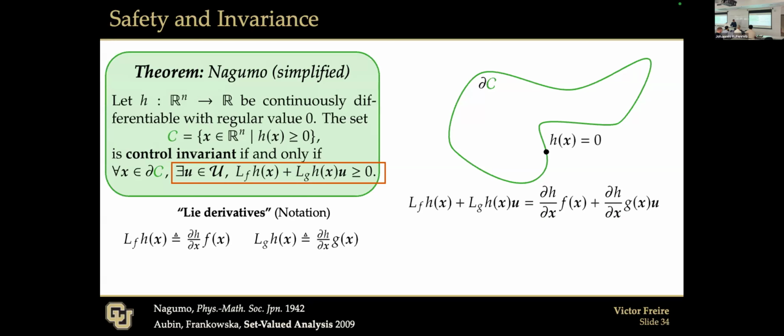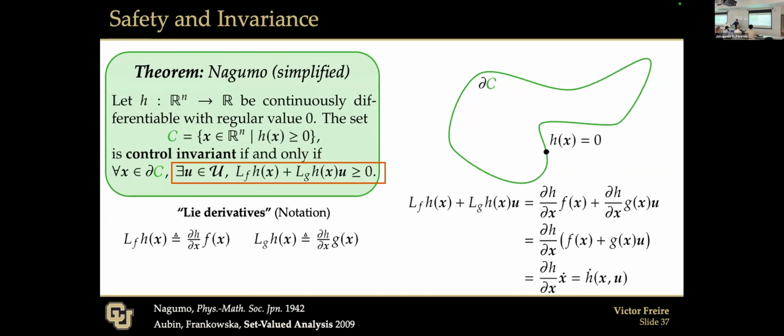So we can expand it. They're on the right side of the slides. And we can factor out the partial h, partial x. The right-hand side there, f of x plus g of x times u, that's our dynamics. That's the derivative of our state vector, right? Because I said we have control affine dynamics. And this is, by the chain rule, just the time derivative of the function h.